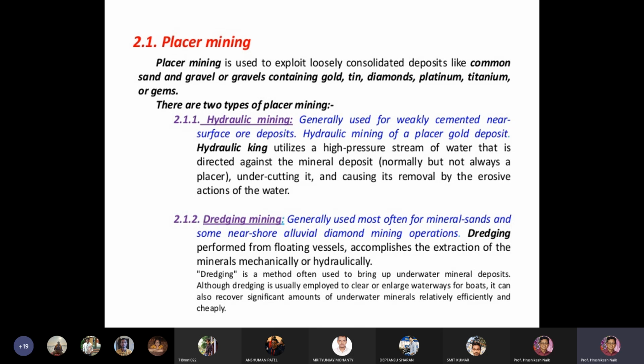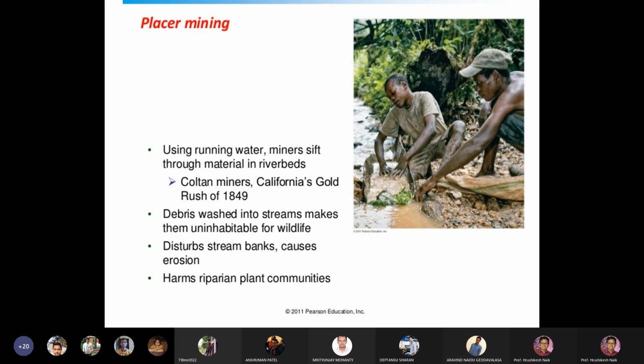Although dredging is usually employed to clear or enlarge waterways for boats, it can also recover a significant amount of underwater minerals relatively efficiently and cheaply. So this is a very cheap and very efficient method of mining underwater mineral deposits. So, placer mining.